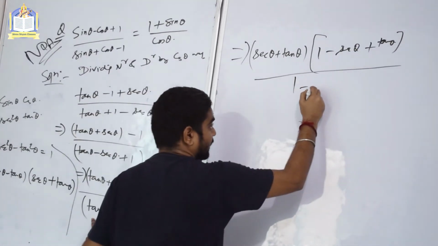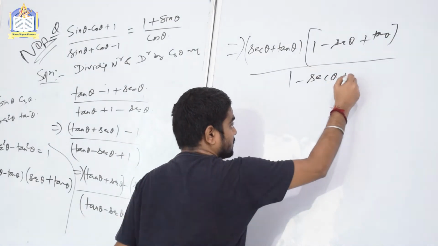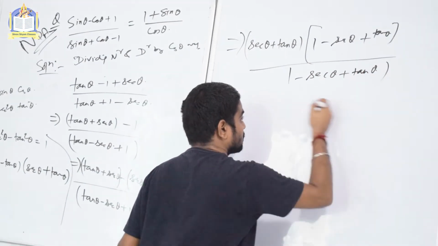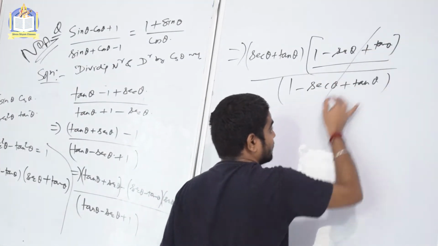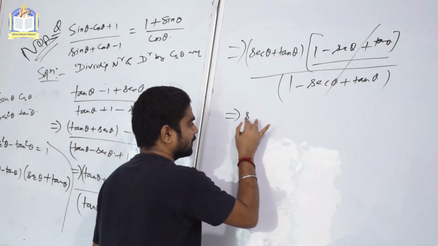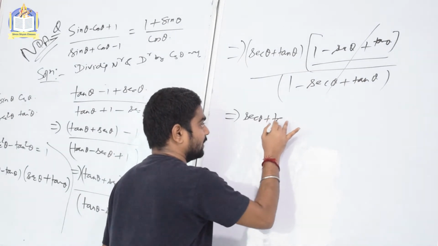So this 1 minus sec theta plus tan theta and 1 minus sec theta plus tan theta get cancelled out. Okay, so we are left with sec theta plus tan theta, right?